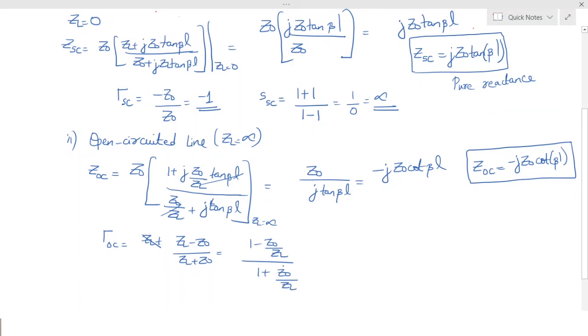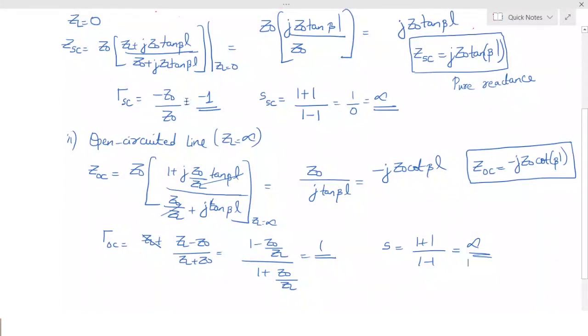Here both these terms become 0 as ZL is infinity, so it will be 1. Similarly, S value will be 1 plus 1 divided by 1 minus 1. It will be infinity. So you get the values for open circuited line as reflection coefficient 1 and standing wave ratio infinity. So these are the two values you should remember.